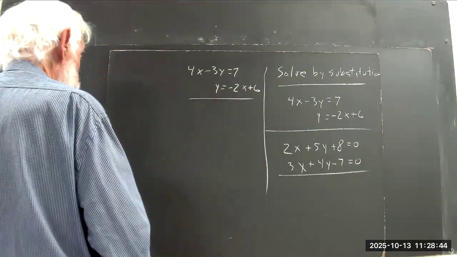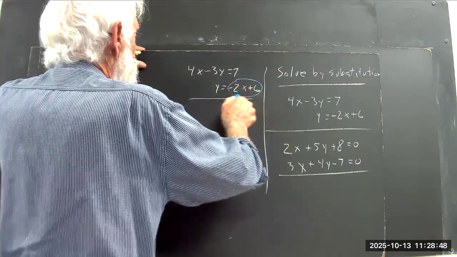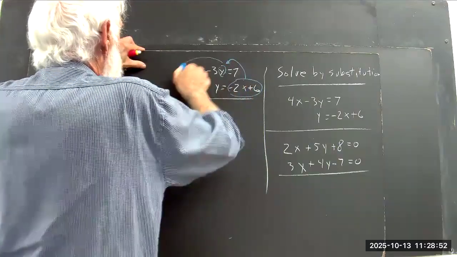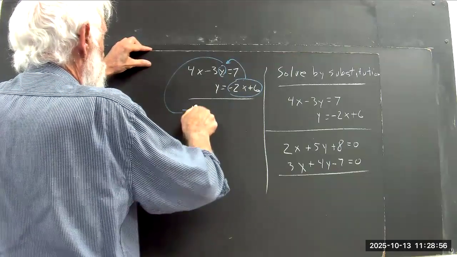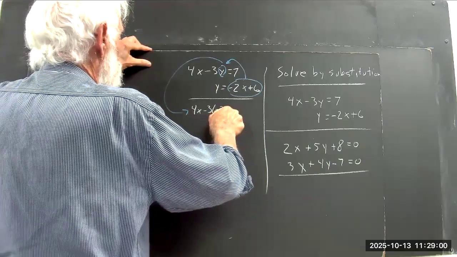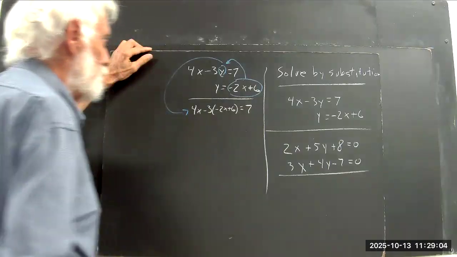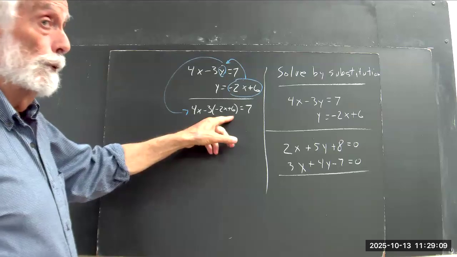Well, what we do is we take this expression, which is equal to y, and we plug it in for y here. And that gives us the equation 4x minus 3 times a quantity negative 2x plus 6 equals 7. Now, most of the work I saw made a mistake multiplying through here.